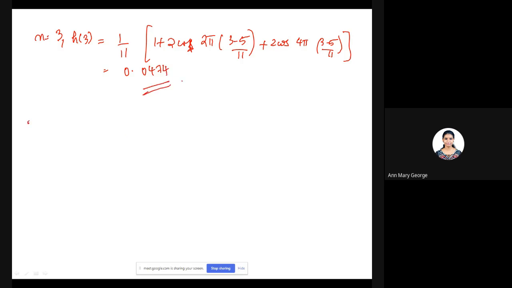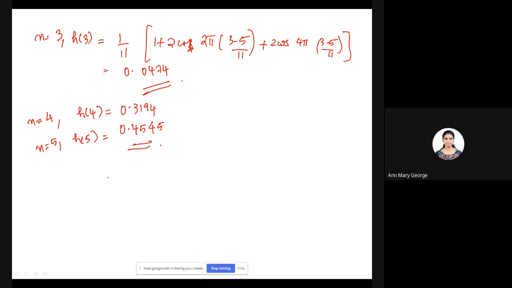And similarly for n equal to 4, h of 4 will be 0.3194, and for n equal to 5, h of 5 will be 0.4545. Okay, we have got the values from h of 0 to h of 5.